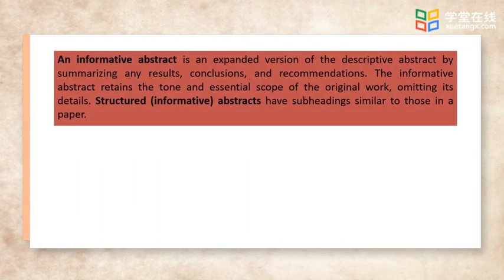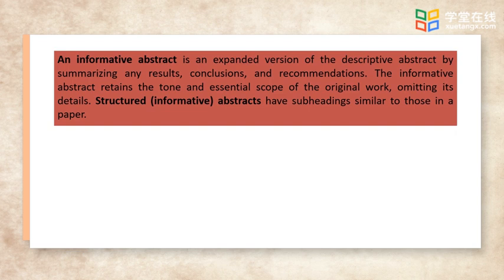An informative abstract is an expanded version of the descriptive abstract by summarizing any results, conclusions, and recommendations. The informative abstract retains the tone and essential scope of the original work, omitting its details.